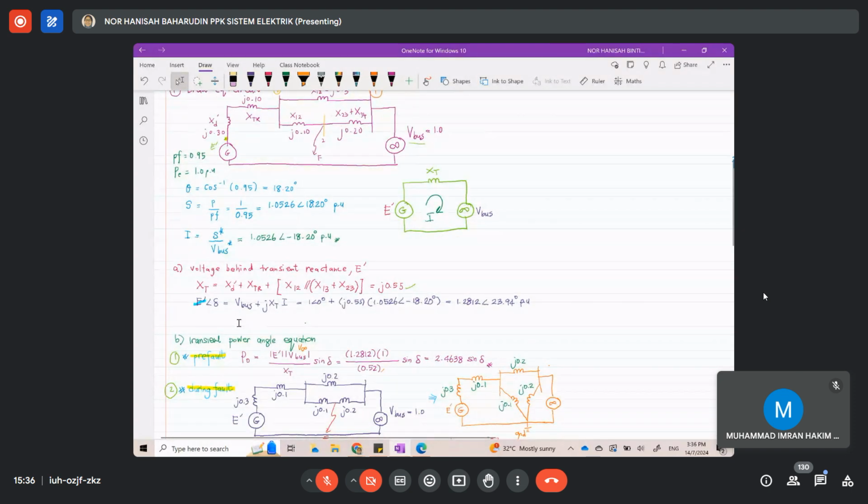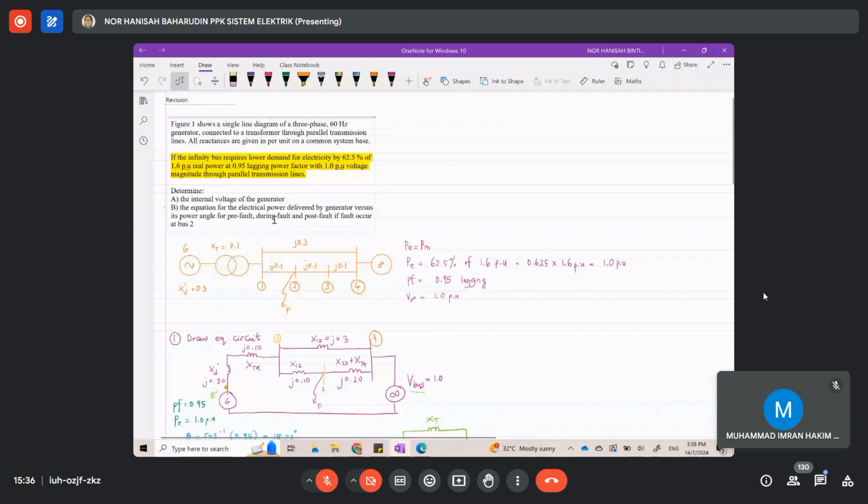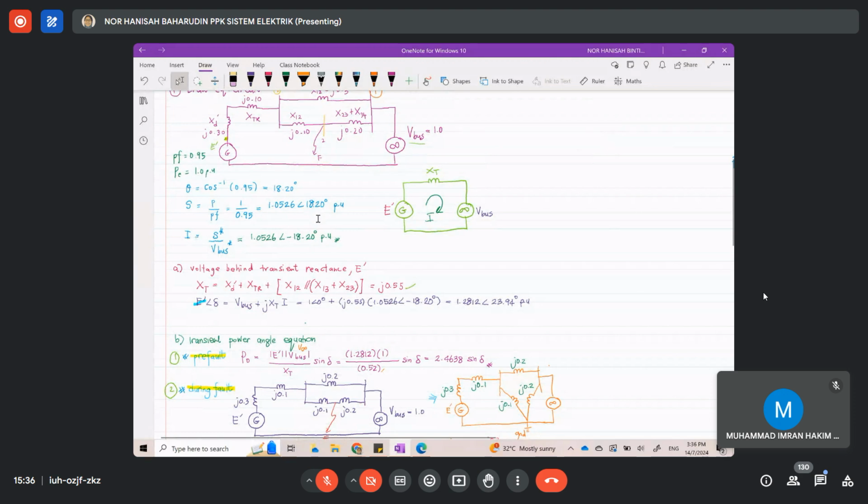That's why, from here, 1 divided by 0.95, which is the power factor, also given in the question. And don't forget that the angle is 18.2 degrees. The current is S conjugate divided by the infinity bus voltage, 1.0526, and the angle is negative.